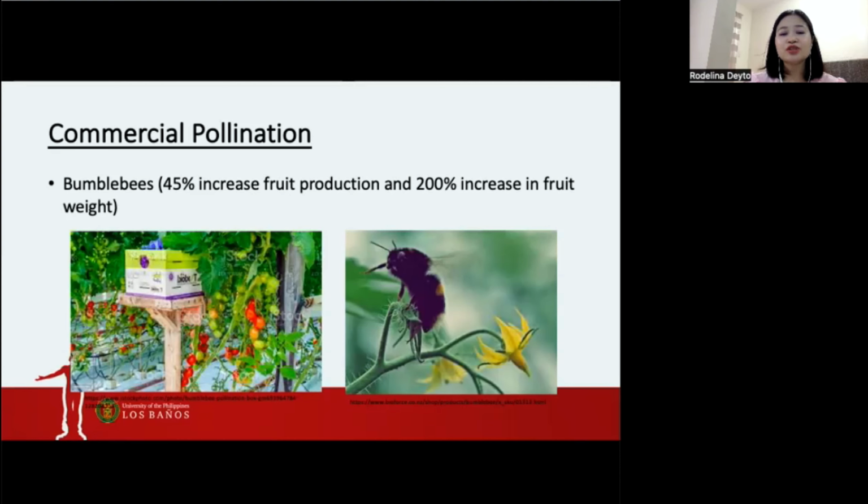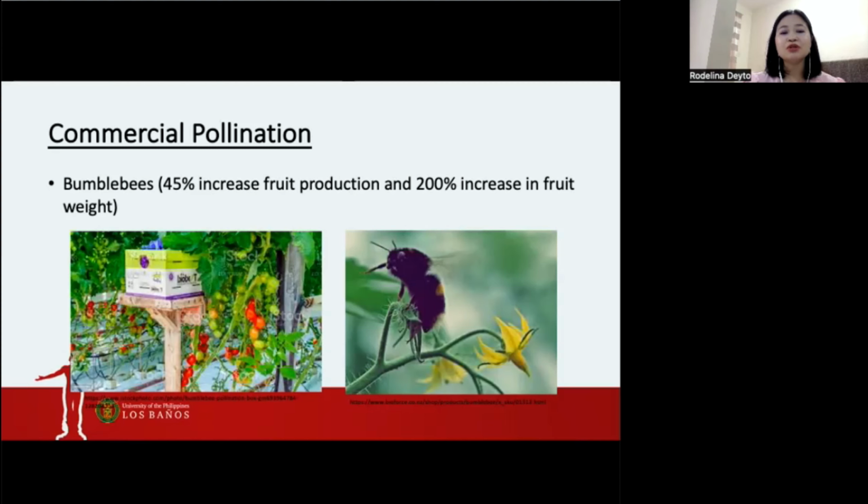It was observed that cross-pollination by the bumblebees resulted in 45% increased fruit set and nearly 200% increase in fruit weight. But the commercial use of bumblebee has an economic drawback. The colonies die after reproduction, so new hives need to be bought repeatedly, making this pollinator service expensive.